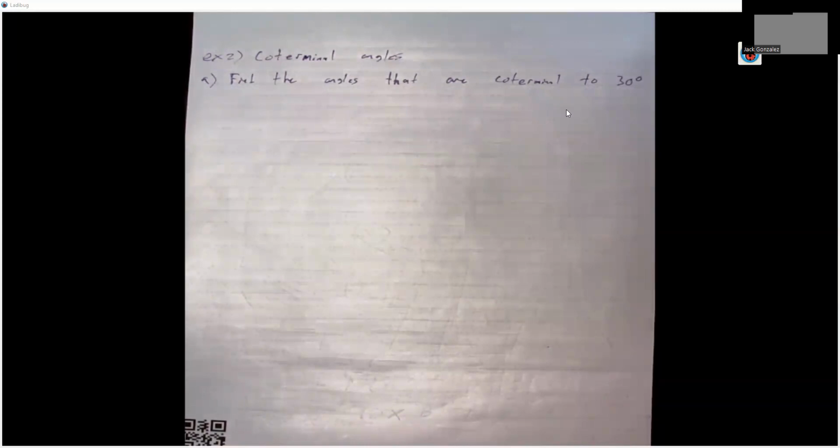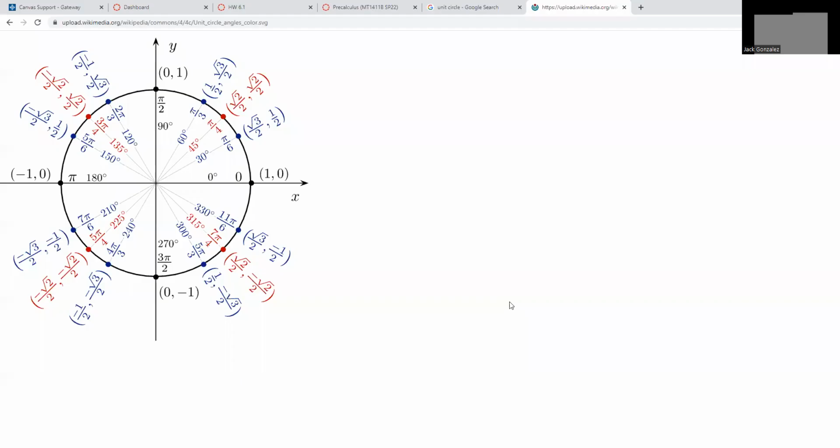It helps to have the circle. So here's 30 degrees. Now, all coterminal means is what's an alternate angle that gets me to that spot. So if you add 360, do you agree that you're going to land on 30? 30 plus 360 would be the same thing.